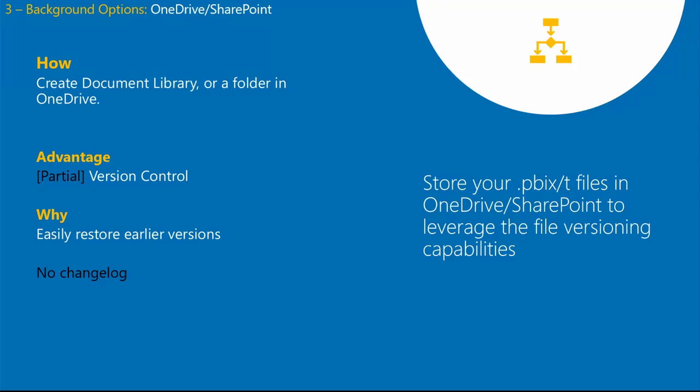You can use it to revert your Word documents, your PowerPoint things, anything, and it also works for PBIX files or PBIT files. You just create a document library or a folder, you put it in there. Ideally sync it with a local folder, so you can just edit it as if it's local, and off you go. The advantage this gives you is partial version control.